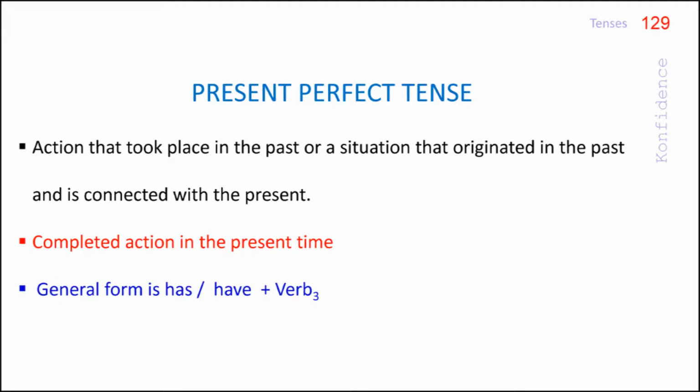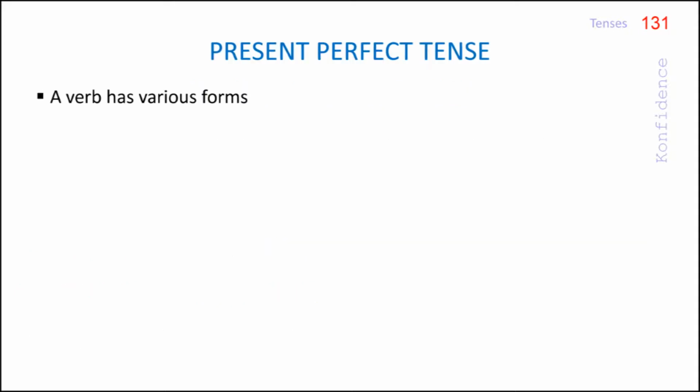The general form of a present perfect verb is has or have plus verb 3. When we say verb 3, we mean the past participle form of the verb. You know, a verb has various forms.